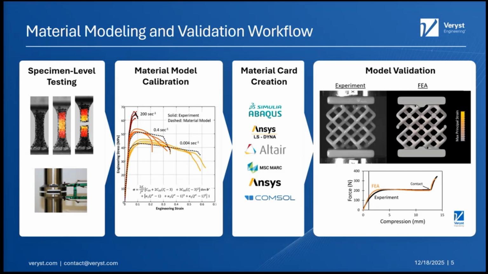But that cyclic test gives you the information about how something's going to rebound off of it. Or if you drop your phone, that kind of plastic deformation, that loading and unloading you get will tell you how much of that energy from the phone case makes it bounce back up. So it's very important. I would say all polymers should be cyclically loaded if you're going to model them, but really it's a little bit more about what your loading scenario is. If you don't have a loading scenario where unloading matters at all, then you might not need to.